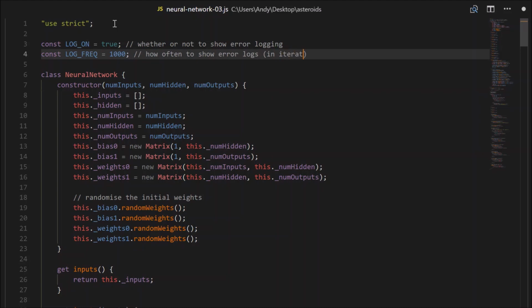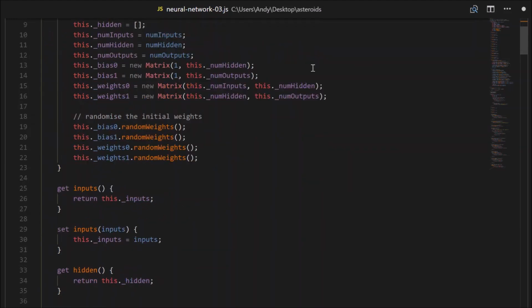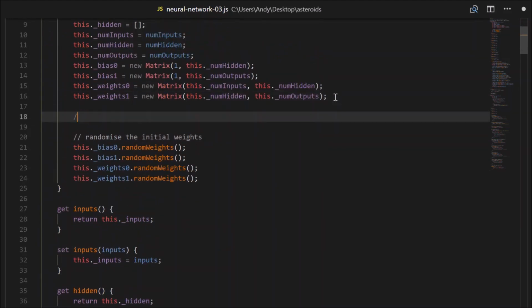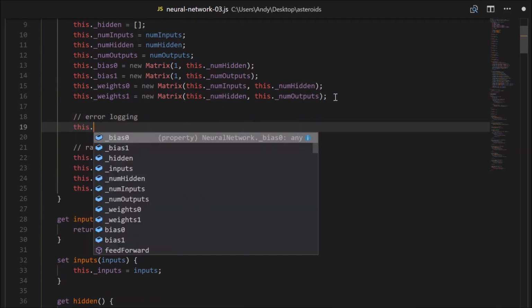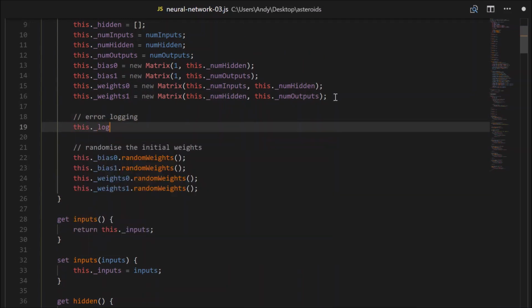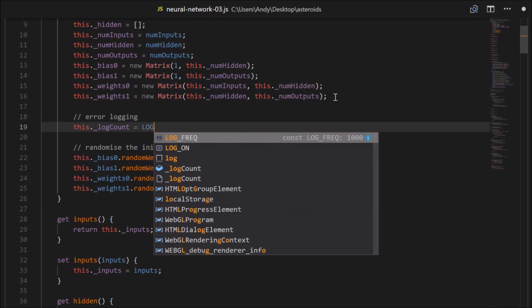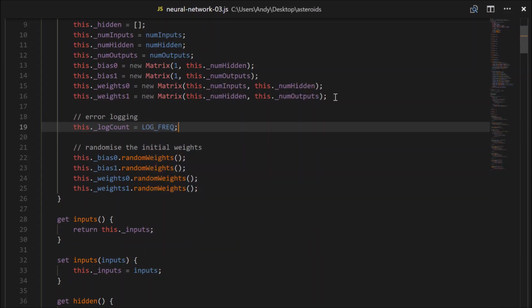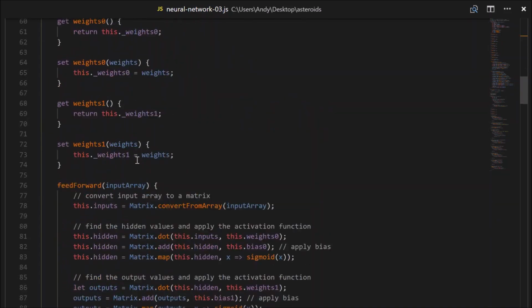Okay, we'll have to set up a private member variable here, just down here. So for error logging, this underscore, we'll keep track of how many calls we've had or how many iterations, so we'll call it log count, and it'll start the day at log frequency. And because it's private, we'll want to set up some getters and setters.